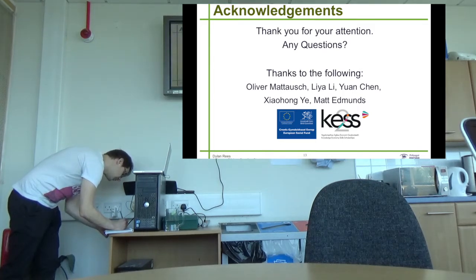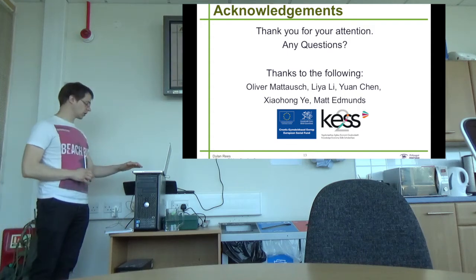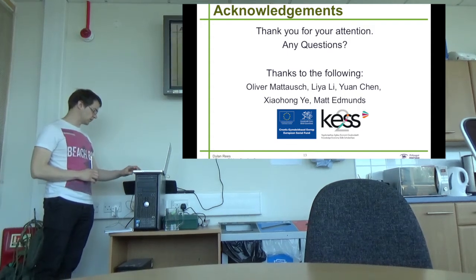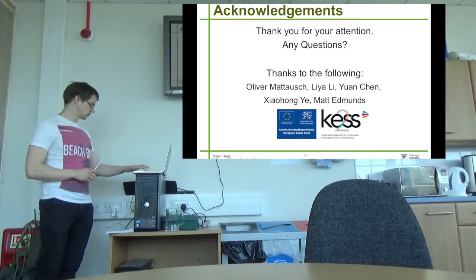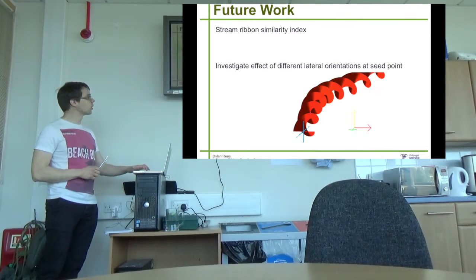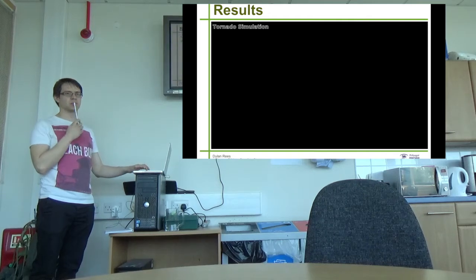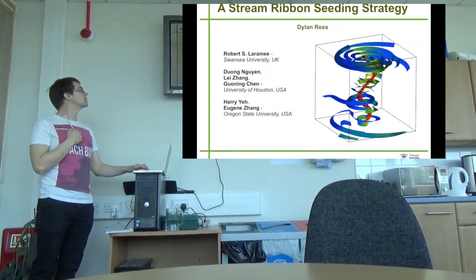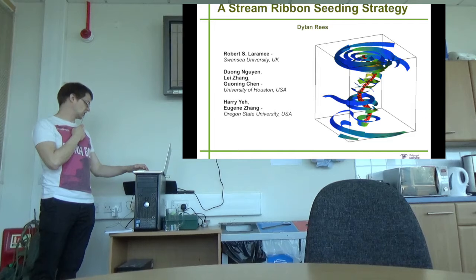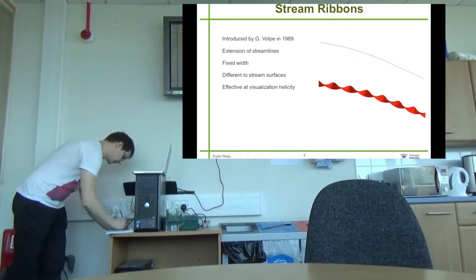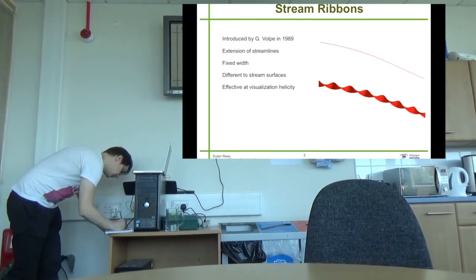And that has to go before your discussion of Helicity. But after, say, stream ribbons, perhaps we'll explain stream ribbons. So if we go back to the beginning, I would say that slide number 2 should be challenges of visualizing 3D flow.